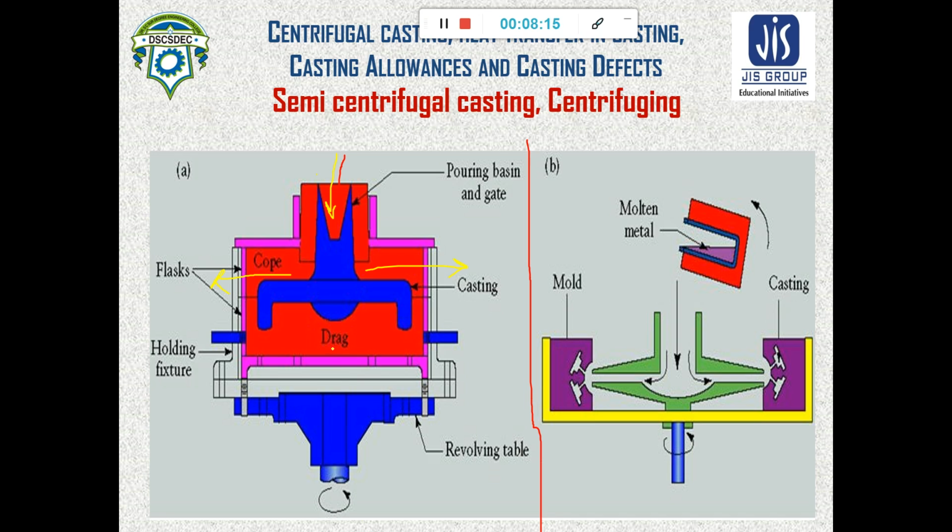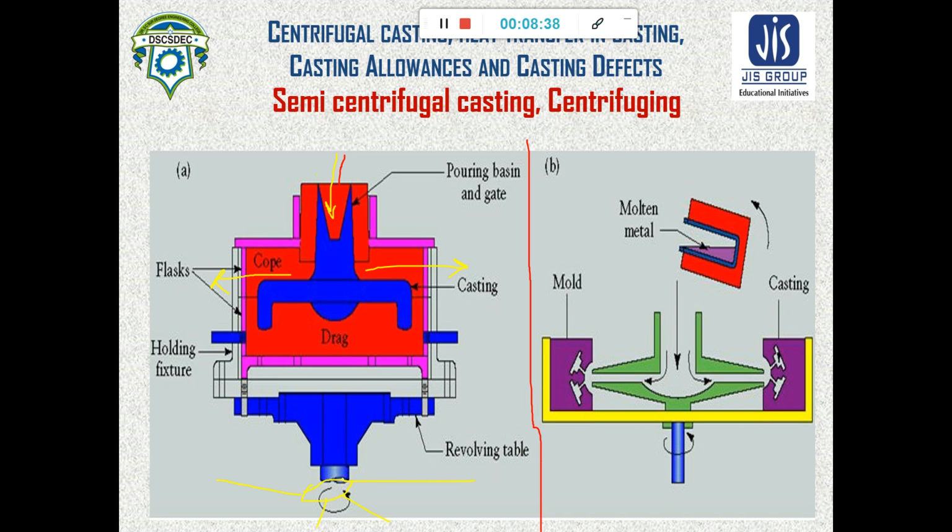That means, say our product is a sprocket wheel, that looks like this. Okay, so this is the center, and these are the spokes.